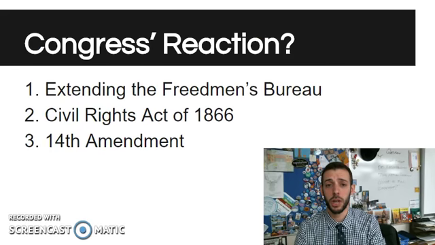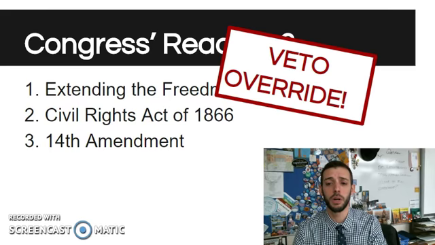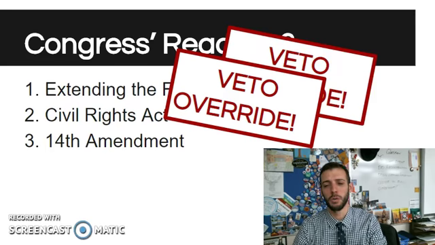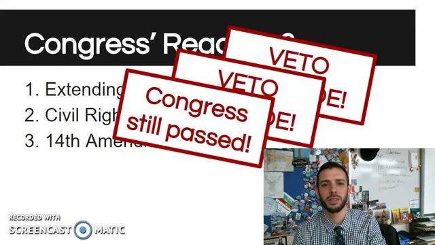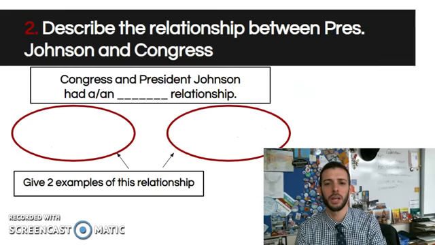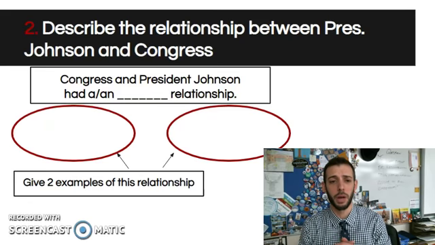Well, Congress's reaction to this, when the Freedmen's Bureau was vetoed, veto override. They had enough votes to be able to override the president. Civil Rights Act of 1866, veto override. And the 14th Amendment, they still were able to pass it. So even though President Johnson and Congress didn't necessarily get along, those bills that benefited African Americans were still able to be passed.